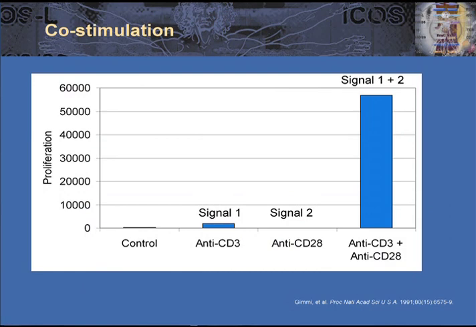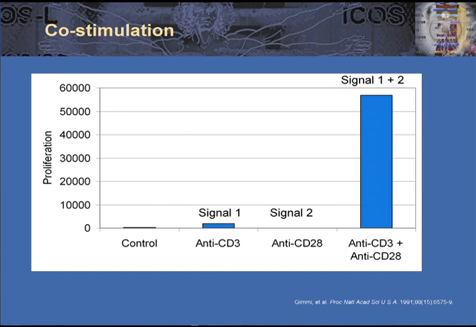This is just one of the first papers that looked at the power of this dual signaling, where these are lymphocytes, T cells that were stimulated either by just anti-CD3 alone, which binds to and activates the T cell antigen receptor, or by anti-CD28 that activates the co-stimulatory molecule, signal 2.